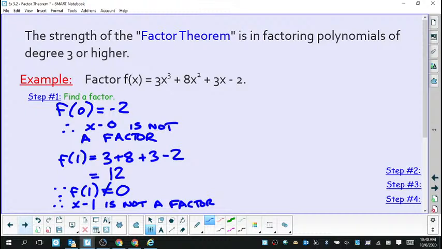Alright, so 1 didn't work. What would we try next? Negative 1. Let's try negative 1. f of negative 1 equals negative 3 plus 8 minus 3 minus 2, which is equal to 0.